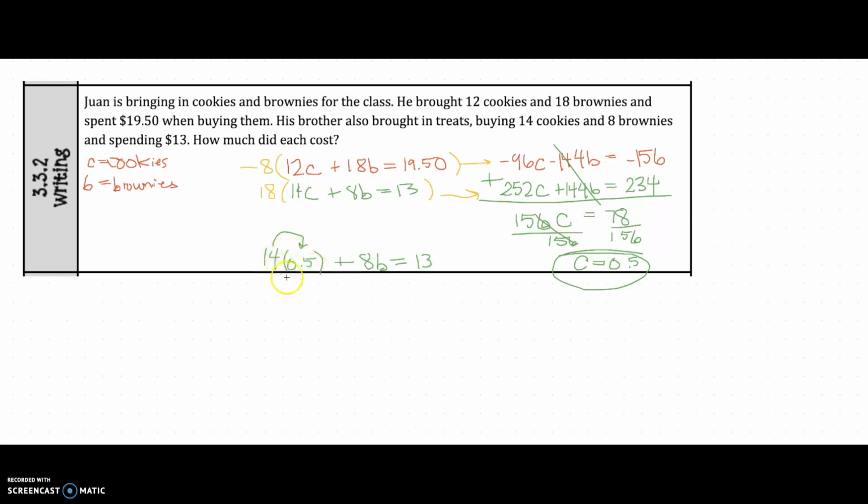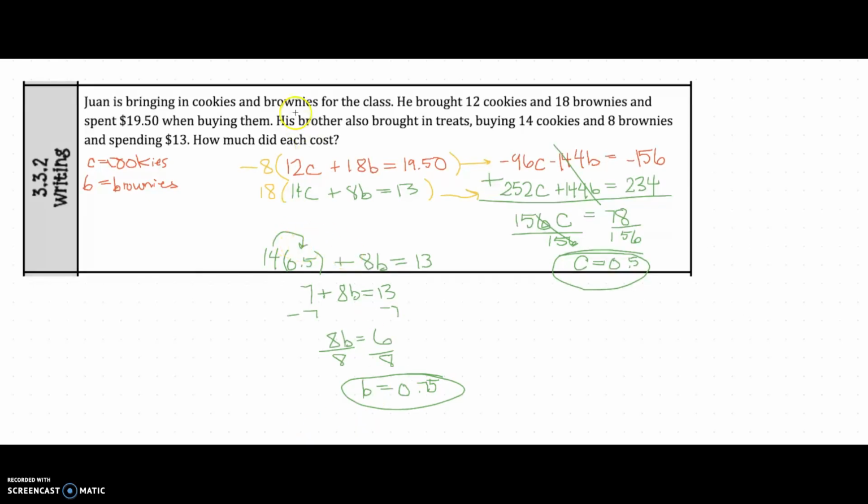So 14 times 0.5, well, half of 14 is 7. Then I want to subtract that 7 from both sides to get 8B equals 6. And then divide by 8 to get B equals 0.75.